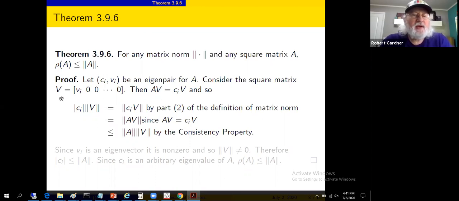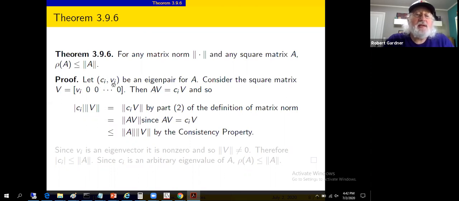Well, look at the columns of matrix V. It's that eigenvector followed by a bunch of zeros. So what do you get for the first column of A times matrix V? Well, it'll be A times that first column, A times that v_i vector. So what we would get out from this product is A times v_i for the first column. All the other columns in matrix V are all zeros. A times those columns is all zeros. So what we're getting out from that matrix product is a matrix whose first column is A times v_i.